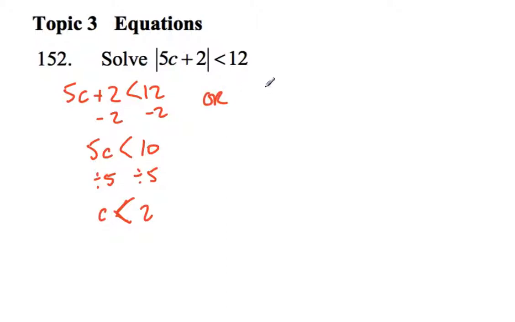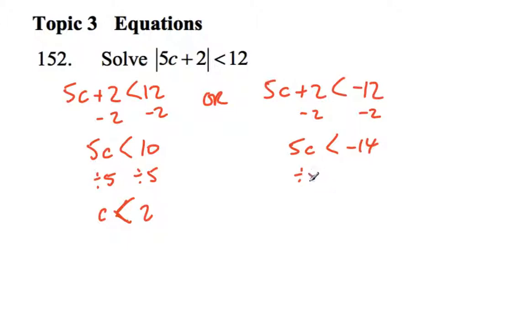Or, now, here we've got 5c plus 2 is less than minus 12. Not going to make a huge difference, I don't think, but that's the way we set it up. 5c is less than minus 14 there. We'll have to be careful. Minus 12 minus another 2.